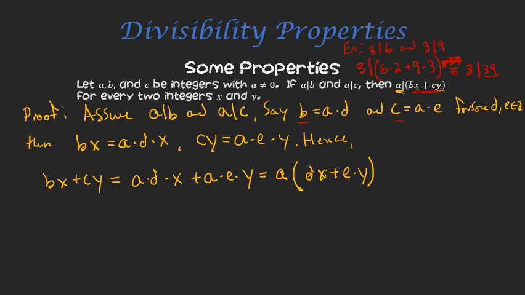And certainly since x and y are integers and d and e are integers, dx plus ey is an integer. So since dx plus ey is an integer, we can say for sure now a divides bx plus cy. Great. Another proof.